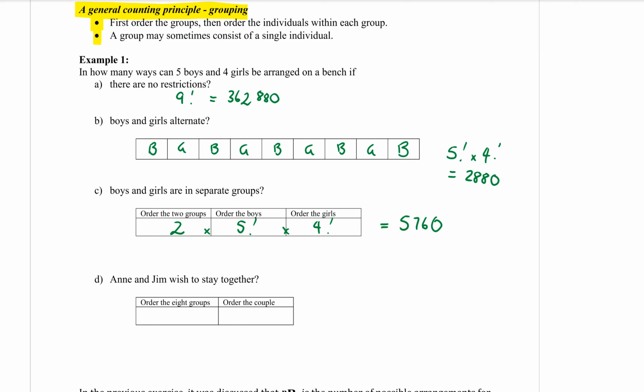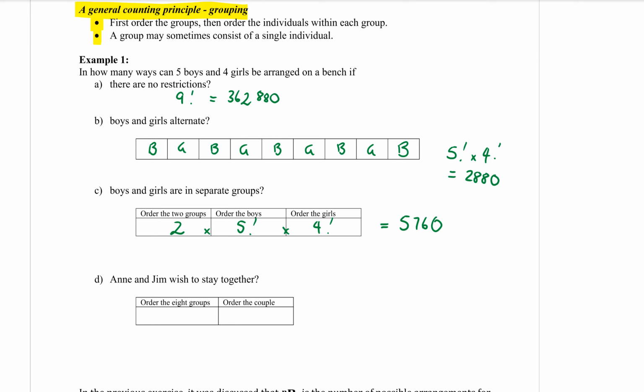Anne and Jim, so Anne we assume is a girl and Jim we assume is a boy, wish to stay together. So how are we now going to order the people on our bench? If 2 people have to stay together, we consider them a group. We don't actually care about the boys and the girls being separate anymore. All the rest of the group can do whatever they want, no restrictions.